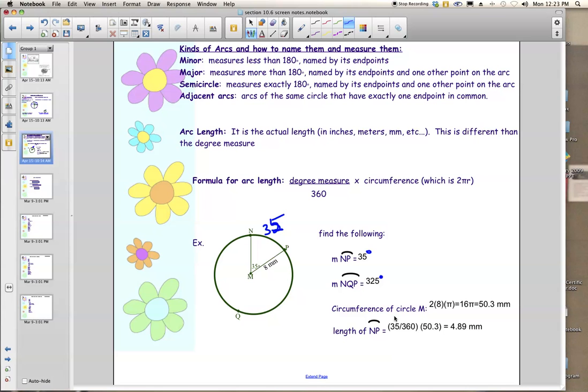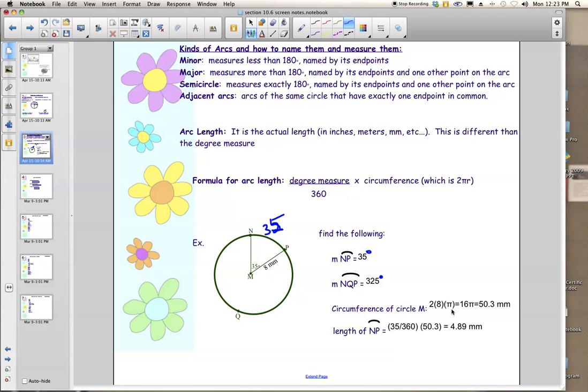To find the circumference of circle M, remember that it's 2 times pi times the radius. Sometimes they will ask you to leave it in exact form, in other words, leave pi in the answer. Sometimes they will ask you to round to the nearest tenth, and then you will actually multiply by your value of pi. So the circumference of circle M is 2 times the radius.